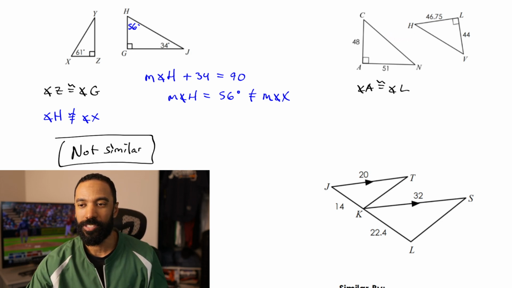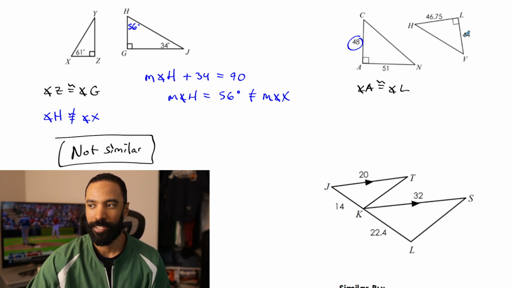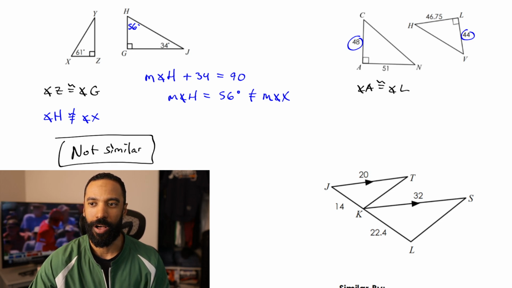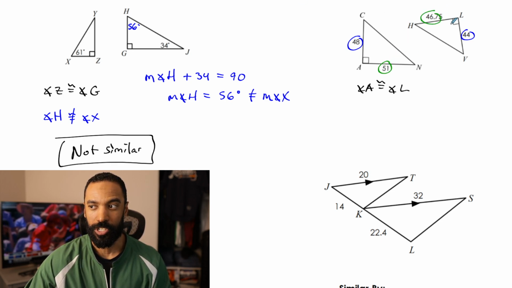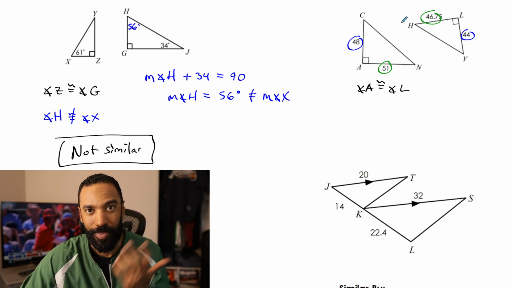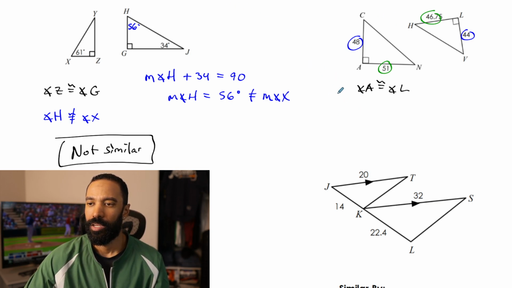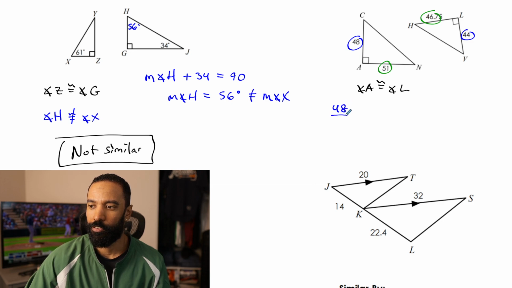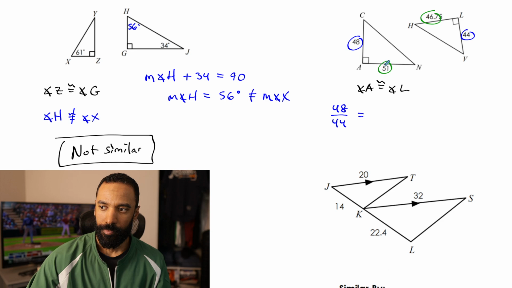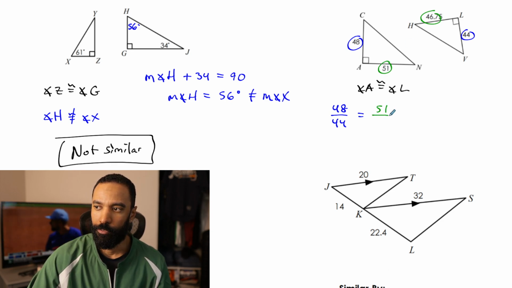Now, what corresponds? Short side with the short side, long side with long side. Do they share a similarity ratio? I hope for the sake of the test. Let's try it out. Does 48 over 44 equal 51 over 46.75?